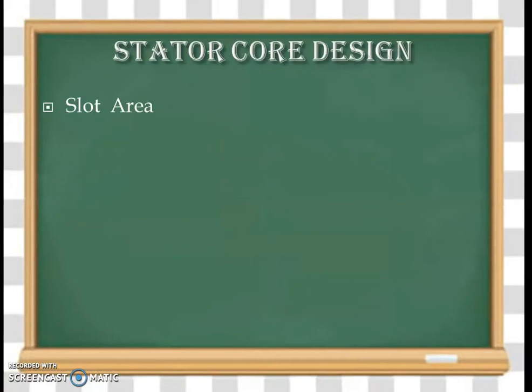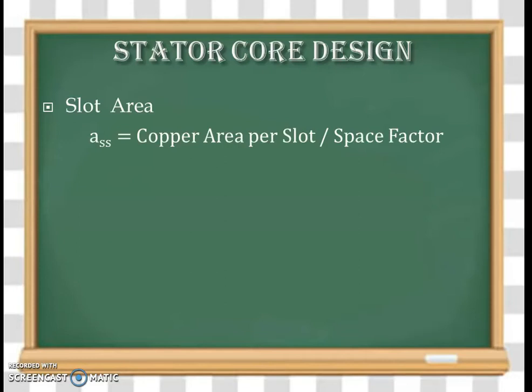Then we have to consider slot area. So A_ss, where the first s is for slot, the second s is for stator, and small a is to consider area. So slot area is equal to copper area per slot divided by space factor. So how to decide copper area per slot?